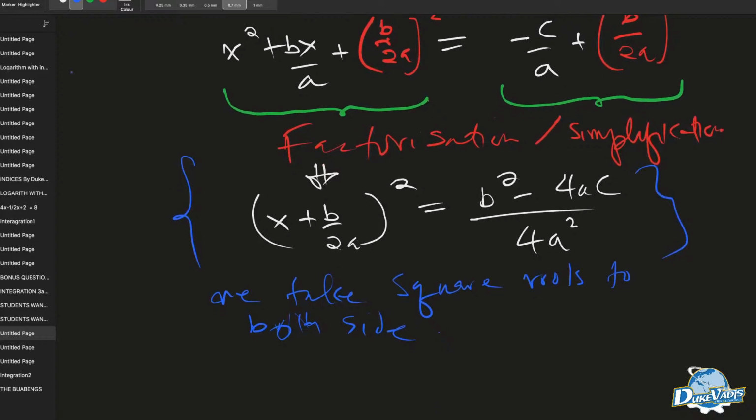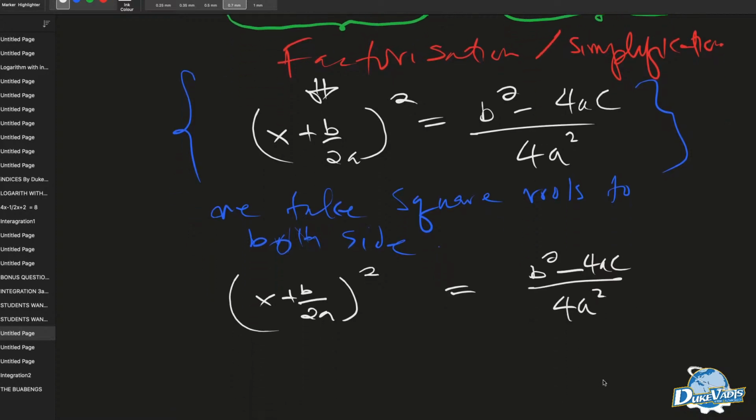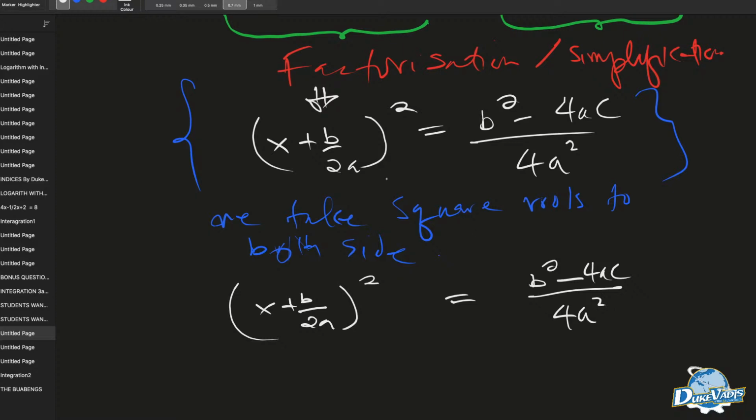So our expression that we've written so far is x plus b over 2a all squared is equal to b squared minus 4ac all over 4a squared. So we're going to take square roots of both sides, which is the square root of this and the square root of that.